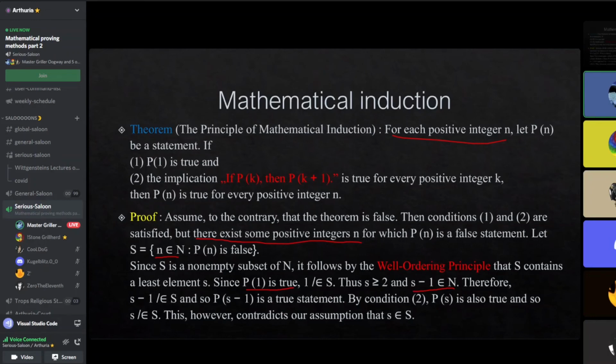Because if this were true, then 1 would be an element of S. If s minus 1 was an element of big S, then since we know s is greater than or equal to 2, that would mean that 1 is an element of S. But we know that 1 is not, and therefore s minus 1 cannot be an element of S. Make sense? I think it does. Okay.